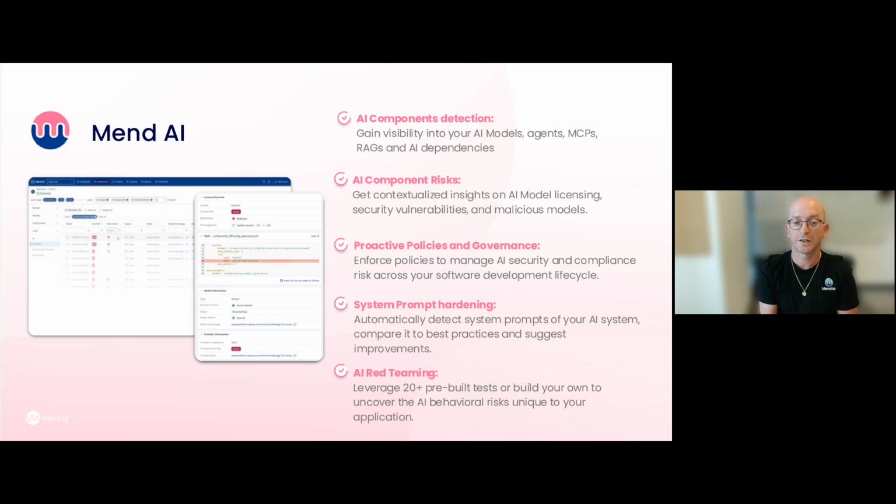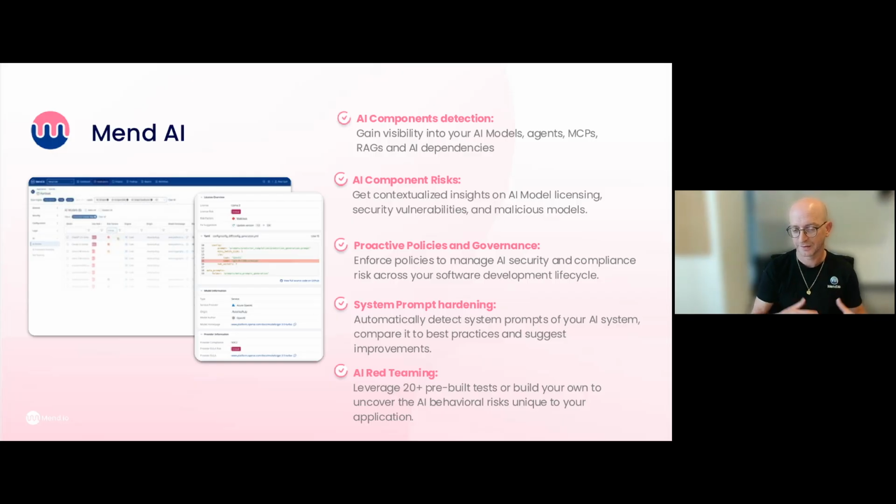Next, we have a tool to evaluate system prompts, whether or not they are vulnerable, and if they are, to suggest how to harden them and make sure that they are protected against the various attack vectors that I mentioned earlier. And last, AI red teaming, where we have over 20 pre-built groups of tests.